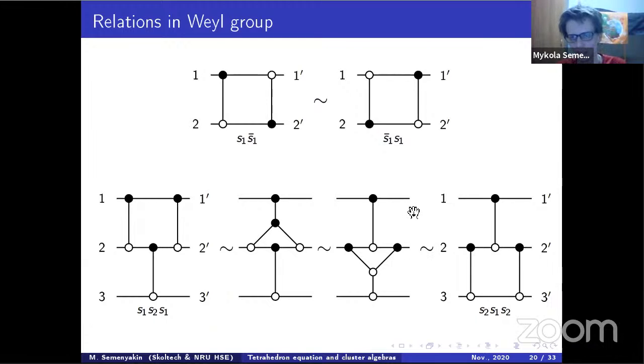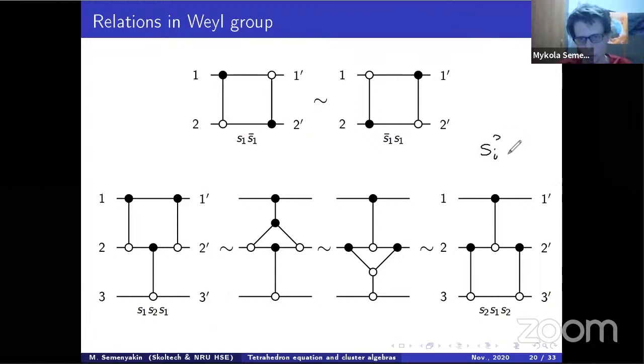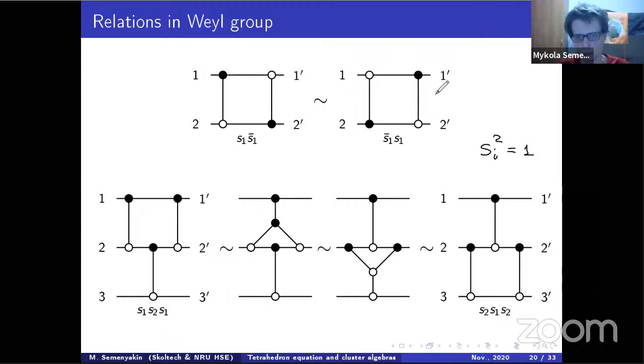If I say that this is a double Weyl group, I have also to check relations that S1 square is equal to 1. But there are some subtleties with this relation. I don't want to touch this matter now because this is not that simple.